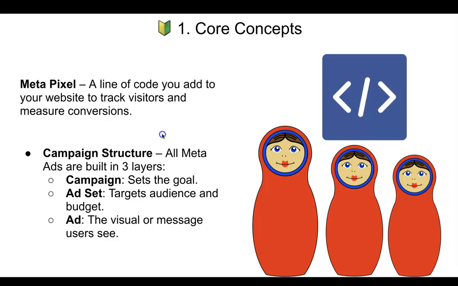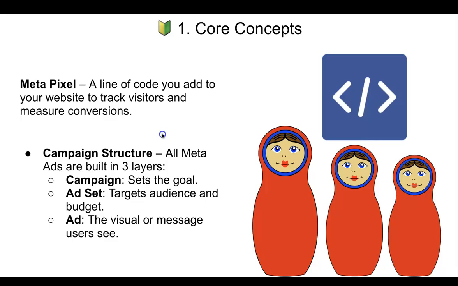And that's the most important part of running ads, is to ultimately get data to get conversions and improve and optimize your strategy. So that's why I put Meta Pixels up front, because that's what we're doing it for, right? So Meta Pixel is a line of code added to your website to track visitors and measure conversions.